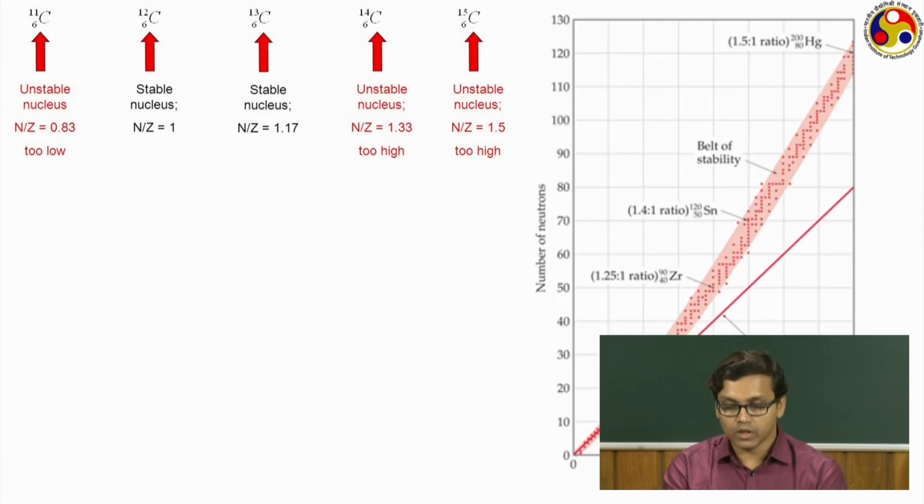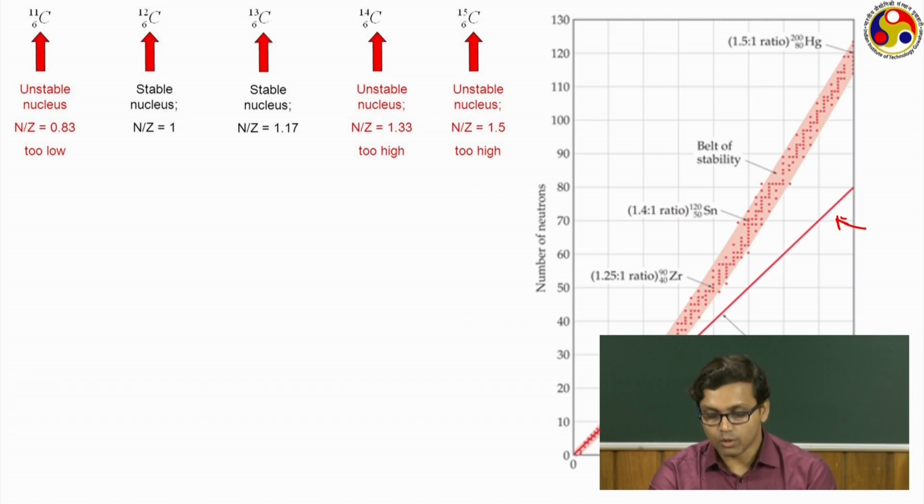This is one graphical representation, again a phenomenological observation, where this particular line is the N by Z equal to 1 line, that is, an equal number of neutrons and protons present in the nucleus, and the orange band shown just on top of that is the stable band.